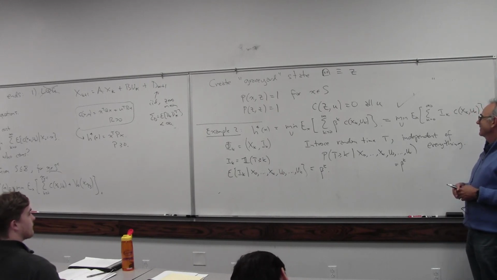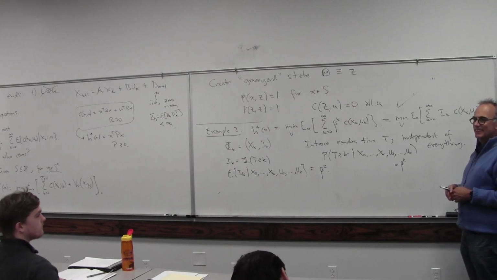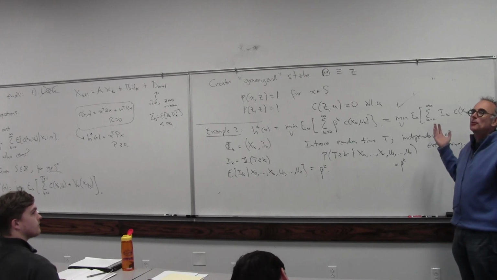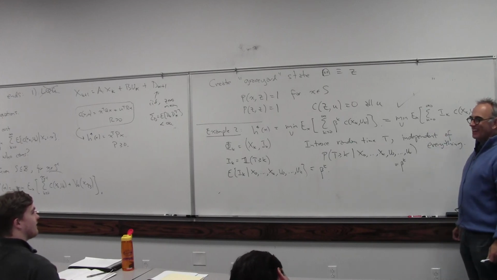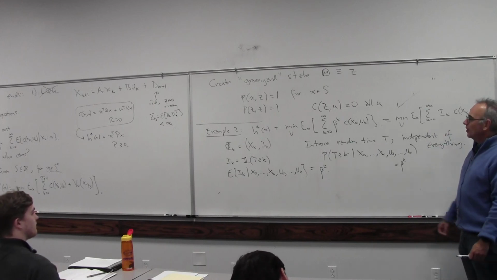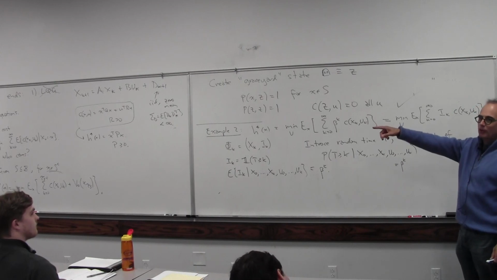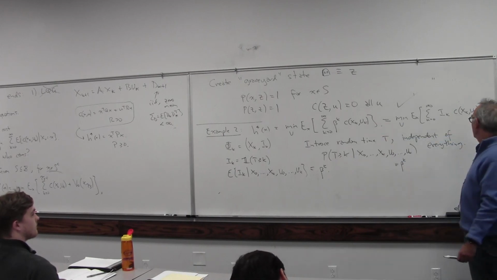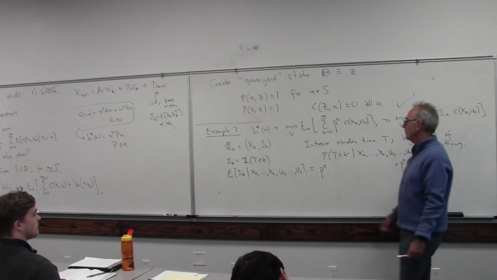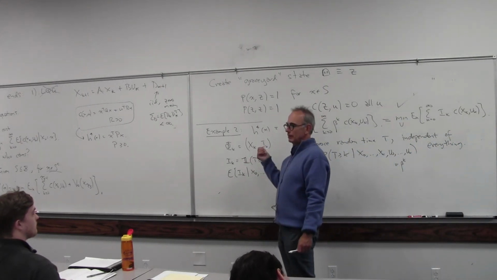No, it's an assumption. I can do whatever I want. All I'm trying to do is argue that everything can be posed as a total cost problem. So by this trivial trick, I'm just adding one bit.